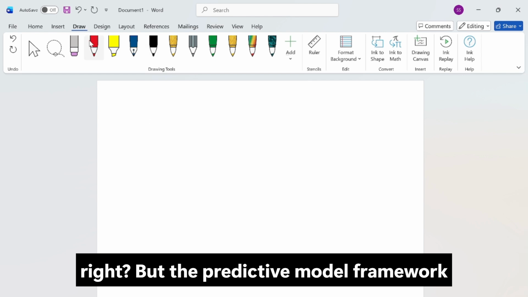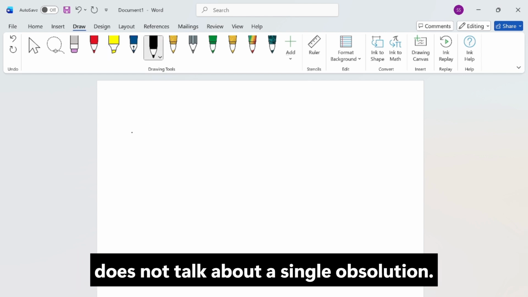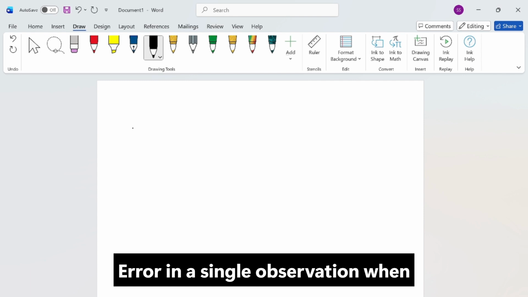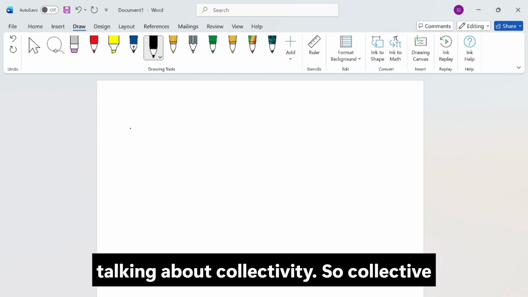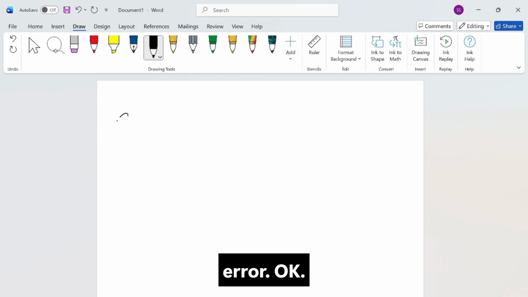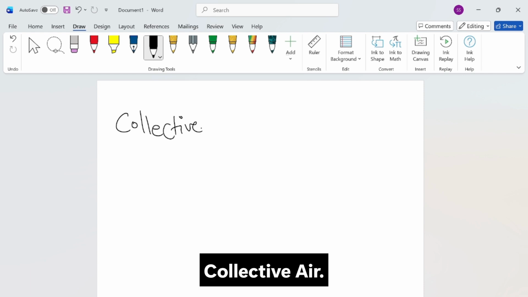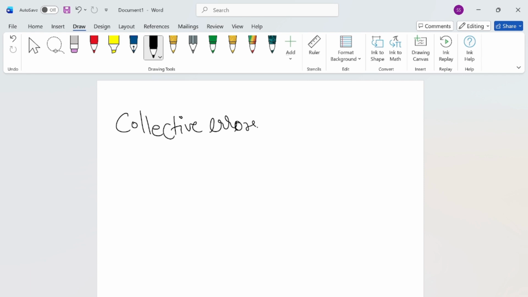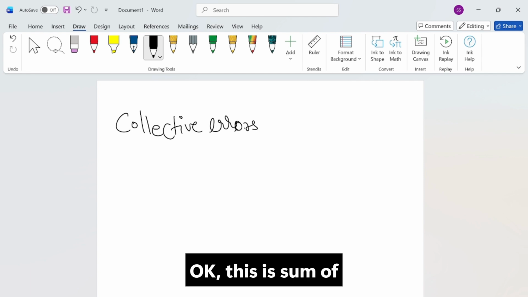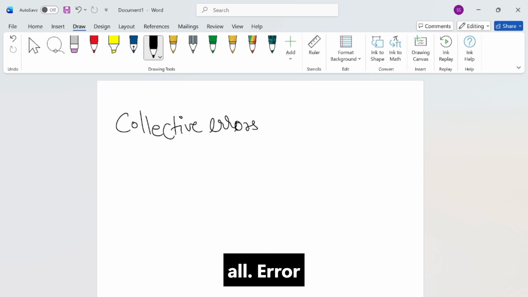But the predictive model framework does not talk about the error in a single observation. We're talking about collective error. So collective error is the sum of all the errors.